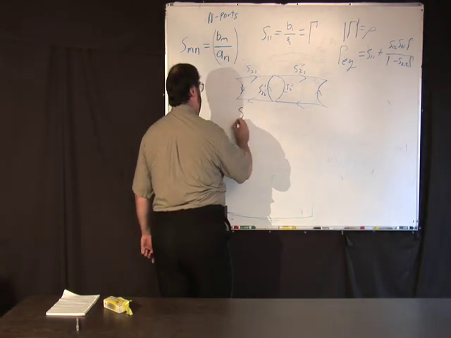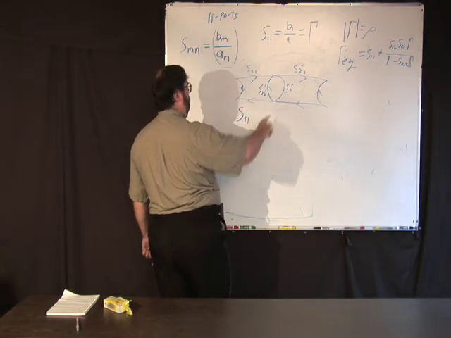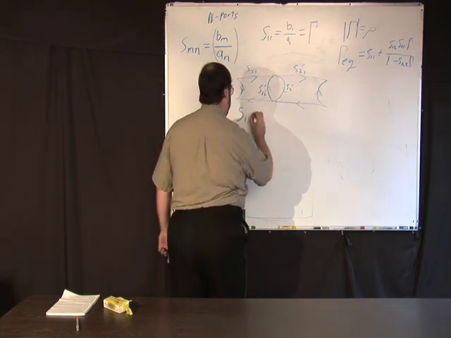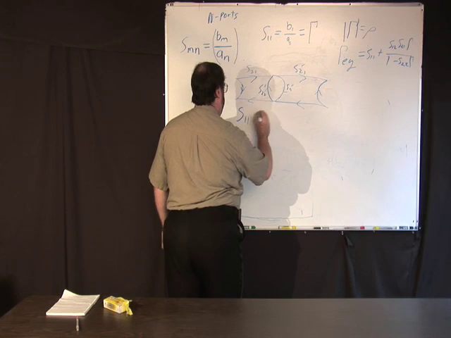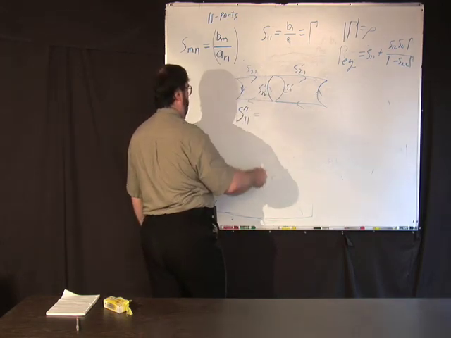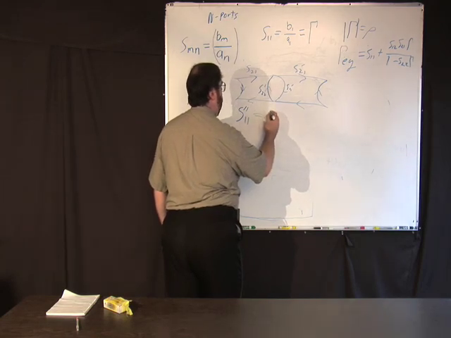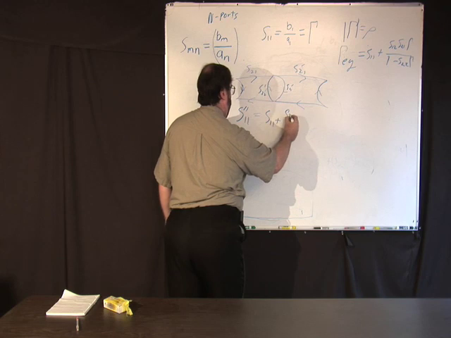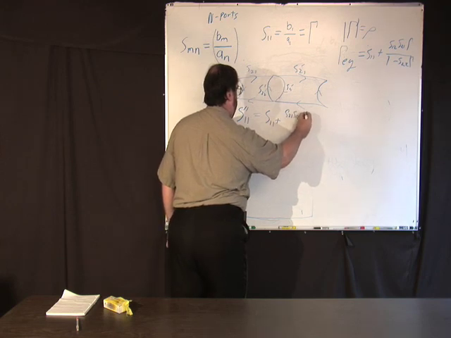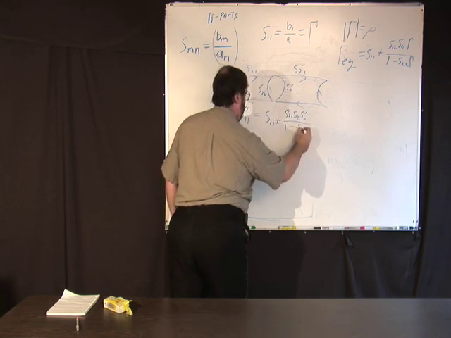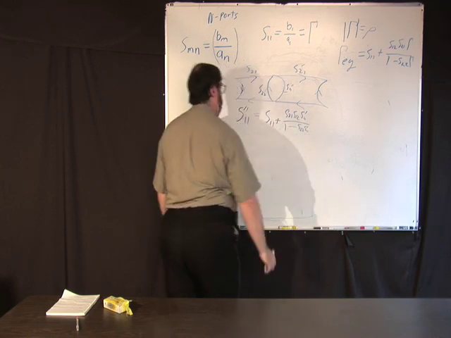Well, S11, we know how to do that already, because there's only one reflection as far as this thing, so it's basically that same equation. S11 equals, we'll call this double prime, the S parameters for the whole thing, is S11 plus S21, S12, S11 prime over 1 minus S22, S11 prime.